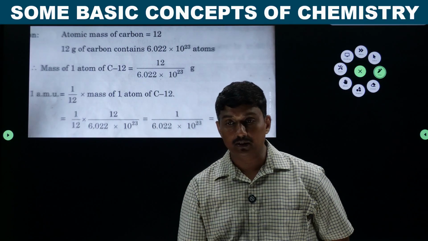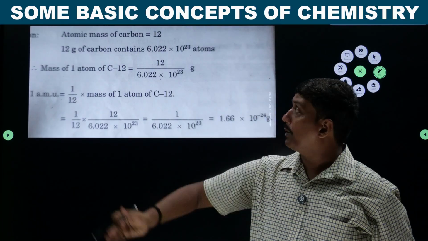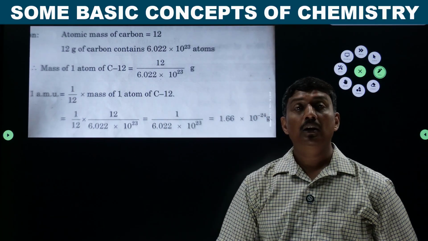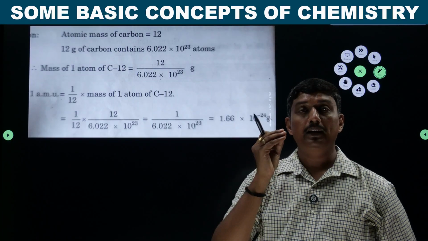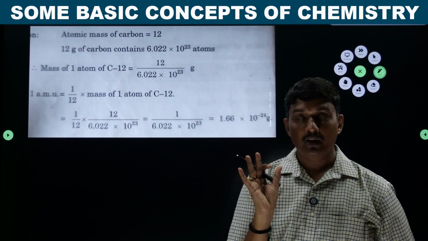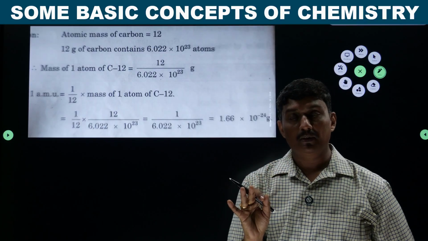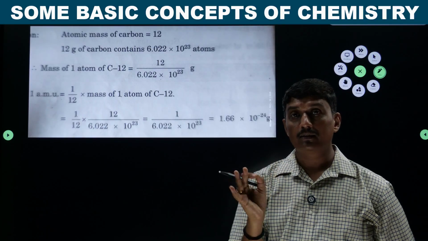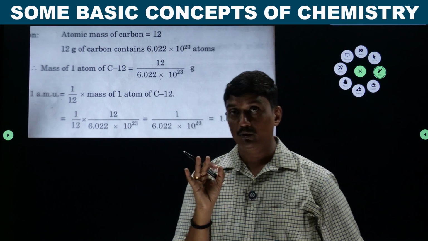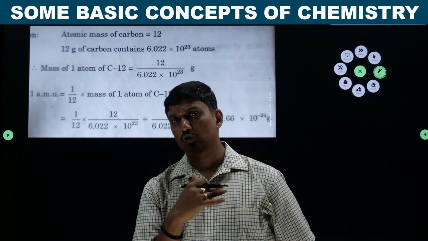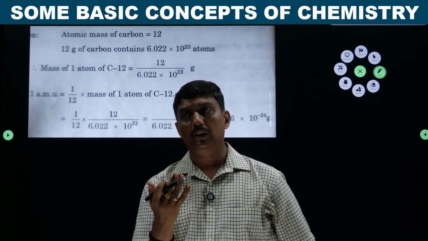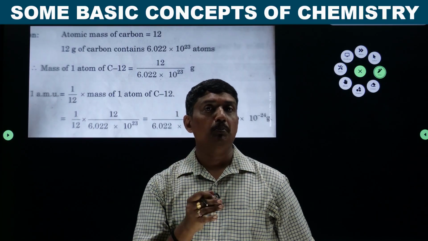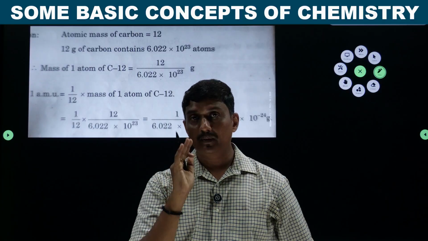So you may ask, sir, what is the purpose of selecting carbon 12? The carbon 12 isotope is stable and abundantly present in nature. Because of its high stability and inertness, and it is uniformly distributed in nature, carbon 12 isotope is selected as a standard.